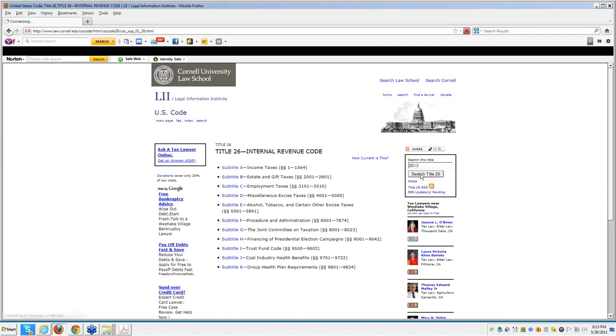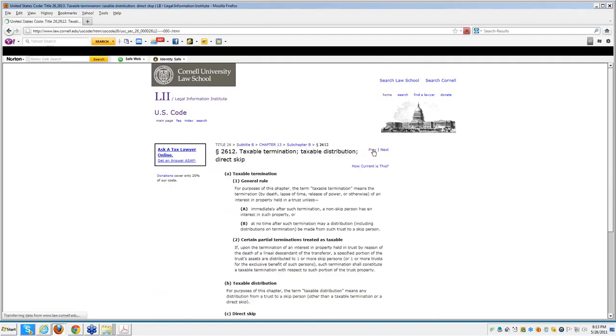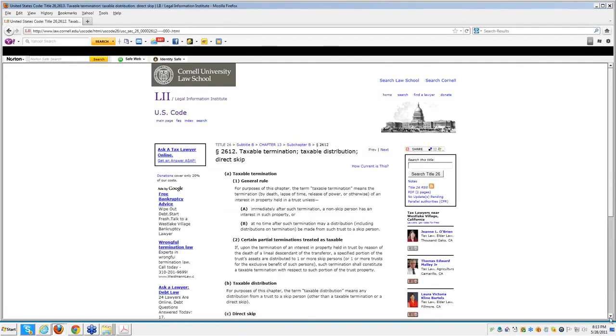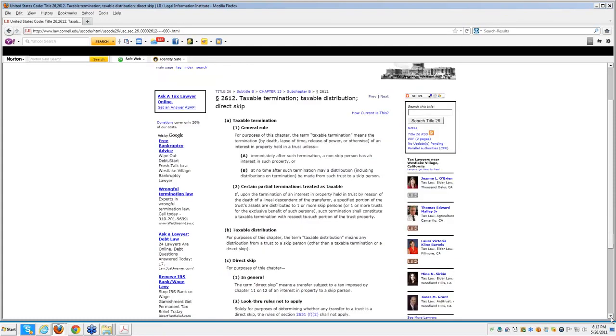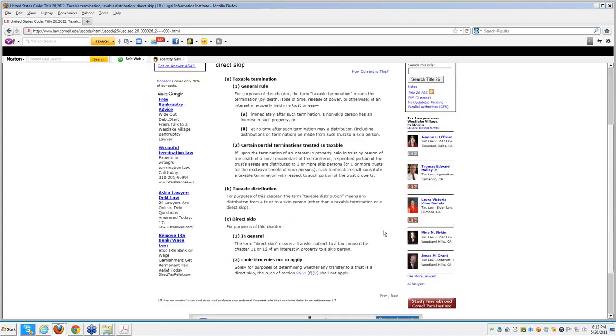Okay, here's what a direct skip is. Read what that is. It means a transfer subject to a tax imposed by Chapter 11 or 12 on an interest in property to a skip person.